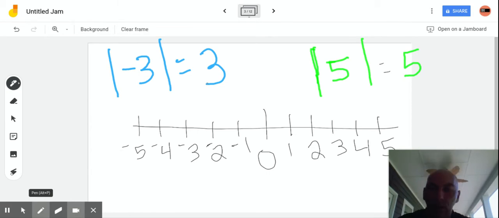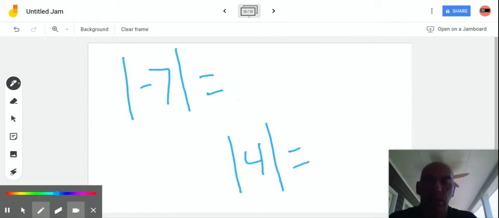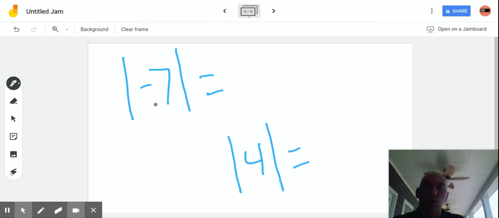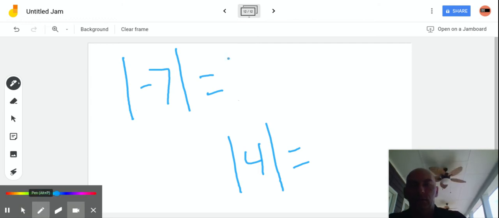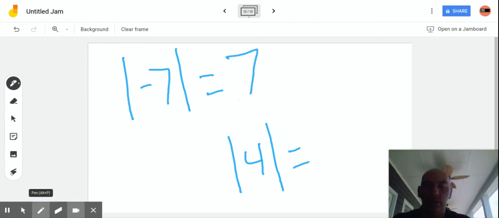I'm going to let you try one. The absolute value of -7. How far from 0 on the number line is -7? If you said 7, you are correct.